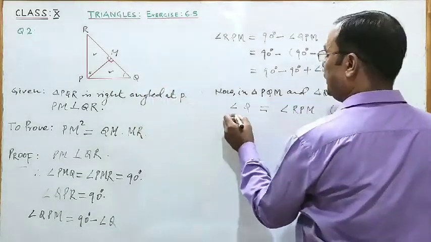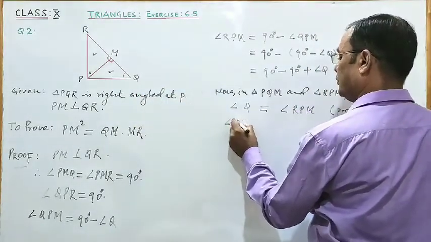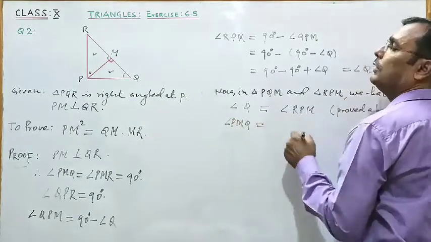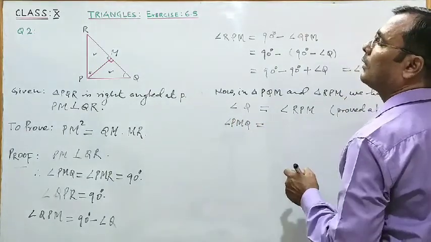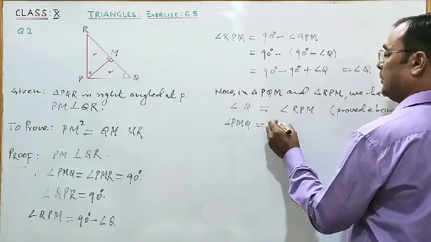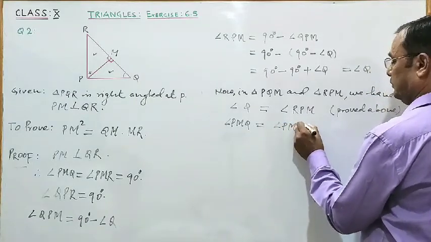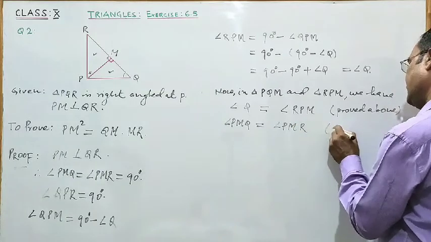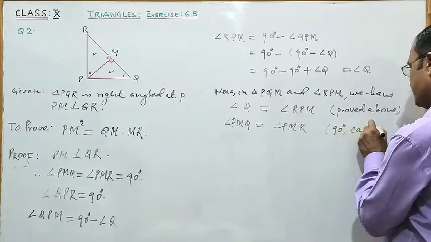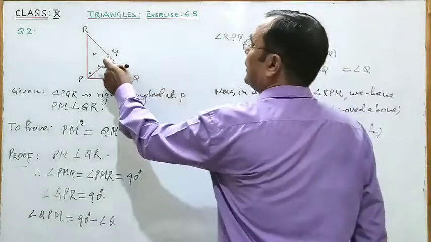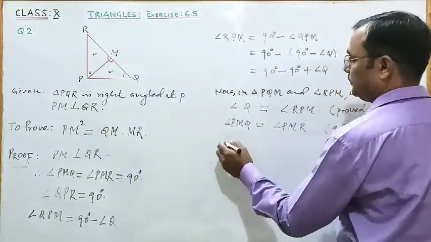Angle PMQ is equal to angle PMR, 90 degrees each. This angle equal to this angle.